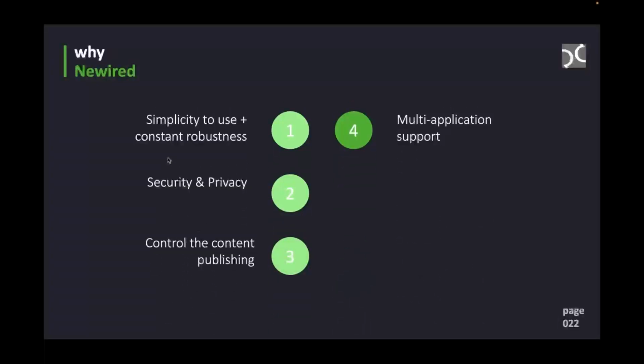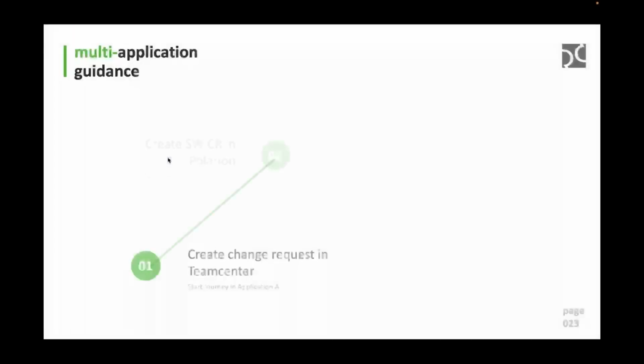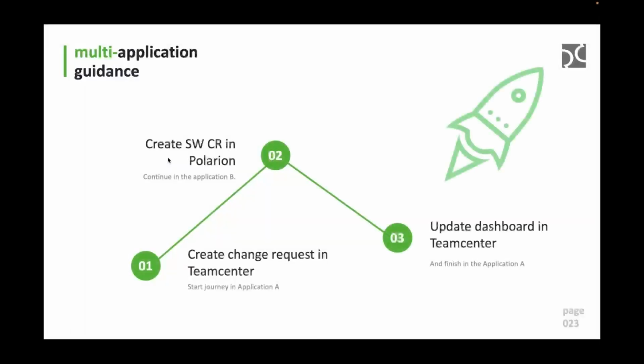And what else? Multi-application support. Imagine that you have this PLM ALM integration between Teamcenter and Polarion. What we see is that the users shall not just get the guides and the help in one system only, because very often to complete a given standard operating procedure, I need to work with a toolchain.